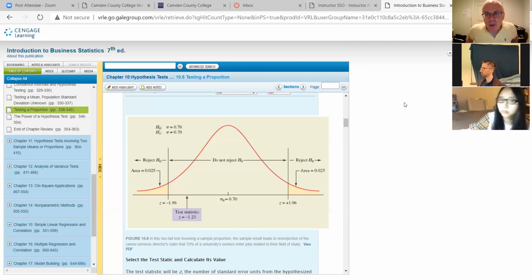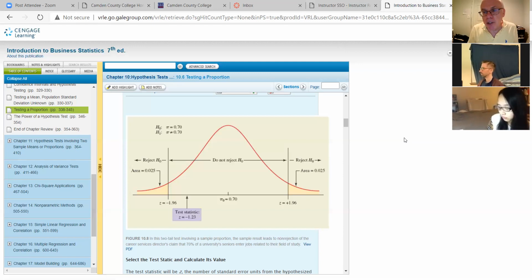This is why a lot of people think p-values are ridiculous, but you have this cutoff. Alpha determines whether you reject or don't reject. So in your interpretation, you always say the level of significance first. You say at the 1% level of significance, there's enough evidence to reject the claim, or at the 5% level of significance, there's not enough evidence to reject the claim.